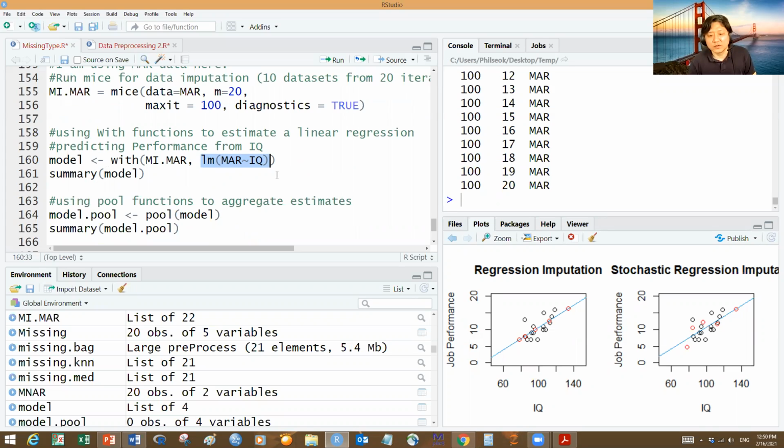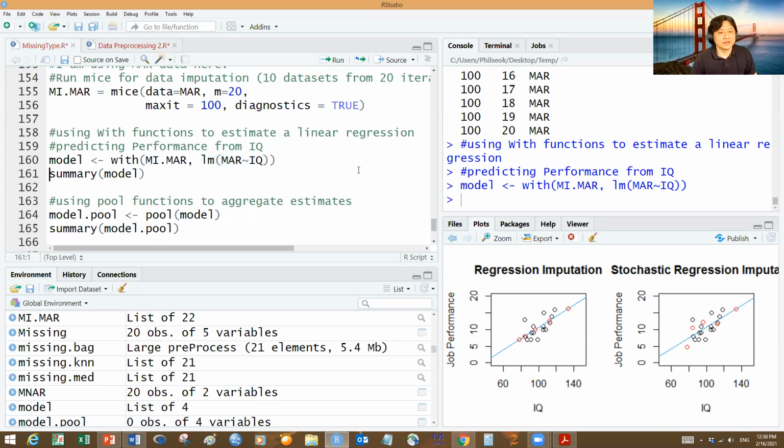If you want to run latent variable modeling like CFA, structural equation modeling, or multilevel modeling, the lavaan package can deal with those, but you can still use the mice function for lavaan. I will show you later. In this case, I just run a single linear regression and get the summary.